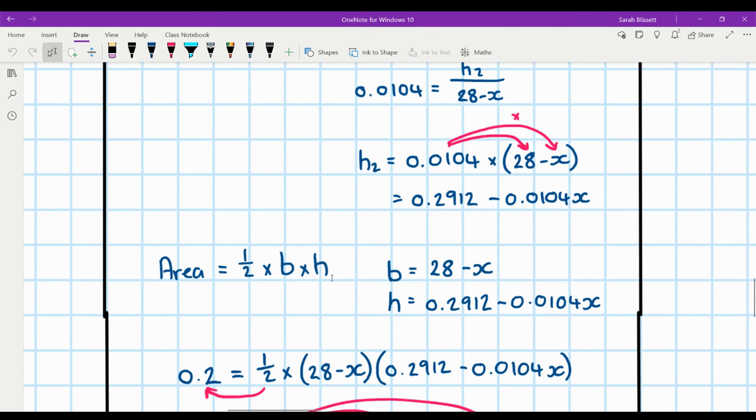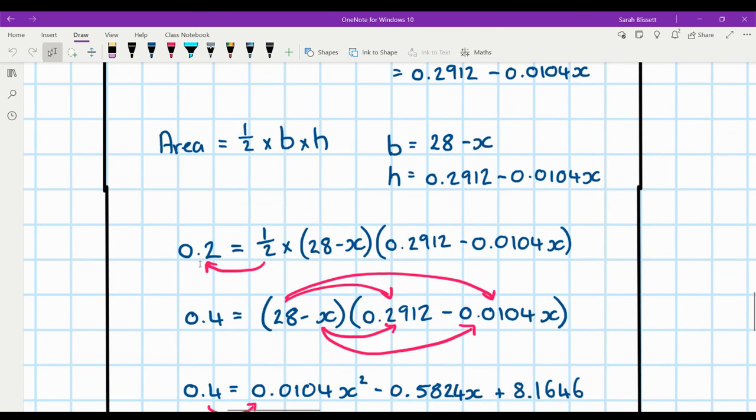So area equals half base times height. So we can rearrange it in this formula. And you can see that we have to multiply in both the 28 and the negative x into the other set of brackets, much like you did in level 1 with quadratics, and much like you did at level 2 with expanding brackets if you did the algebra there.